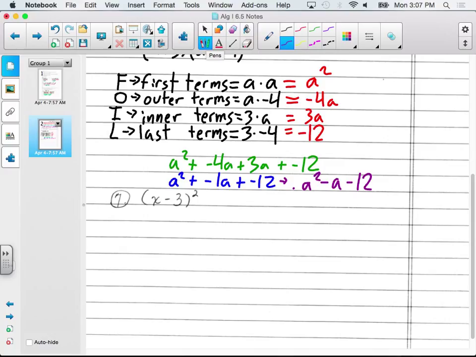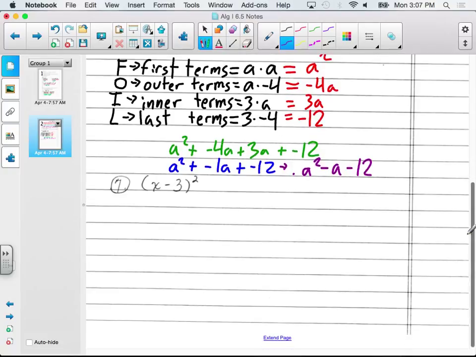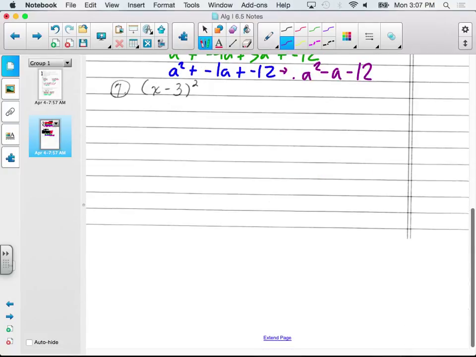Alright, so last problem here. We have x minus 3 squared. So when we square something, what are we really doing? Multiplying everything by itself, twice.